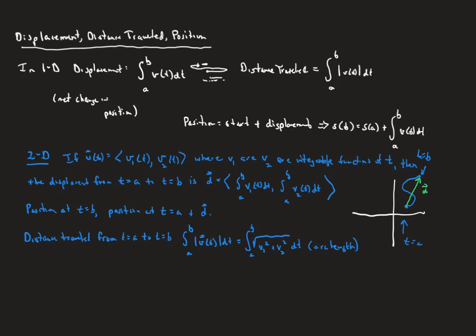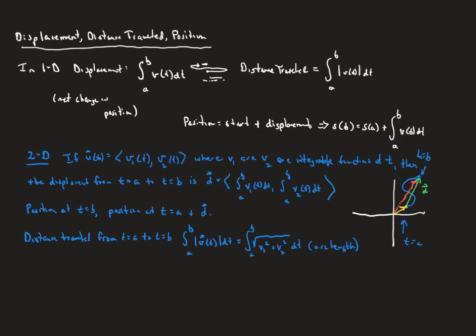That's our displacement vector. And then if we want our position, what we do is we take where we were to start with, and in vector form, that would be our starting place. So this is now our position at time A, the yellow vector, and then we would add to that the displacement vector d, which, remember, is using our tip to tail rule.